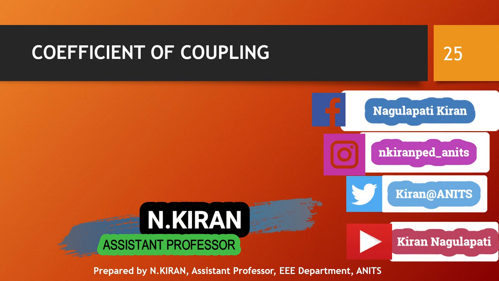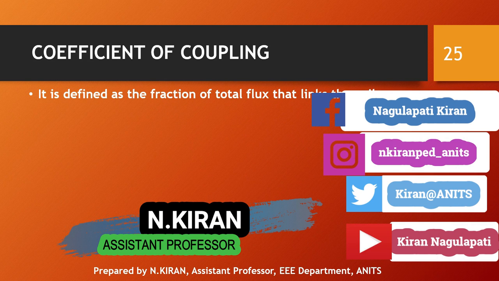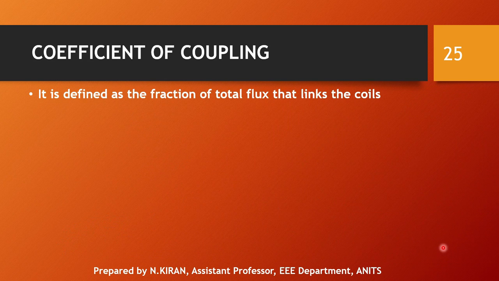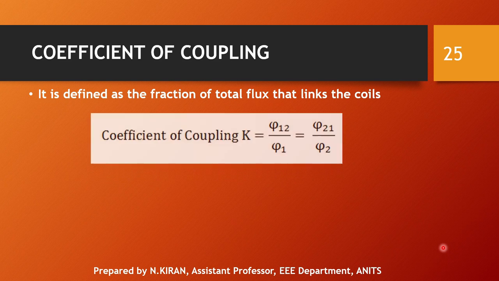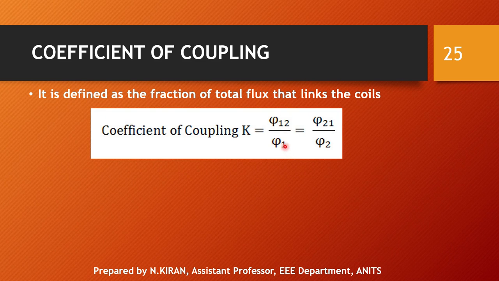Coefficient of coupling. The coefficient of coupling is the fraction of the total flux that links the other coil. As we have seen in the previous example, if phi1 is the total flux produced, out of this phi1, phi12, the mutual flux, links the other coil. Similarly, out of phi2, phi21 links the other coil. This fraction of the total flux linking the other coil is called the coefficient of coupling.